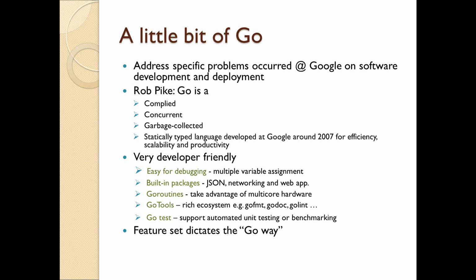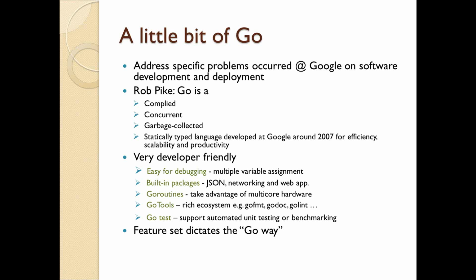And also, for sure, there are goroutines that we can take advantage of on multi-core hardware. Because of the way Go is constructed, it has a rich ecosystem, so there are also other tools that help us to develop a Go program.